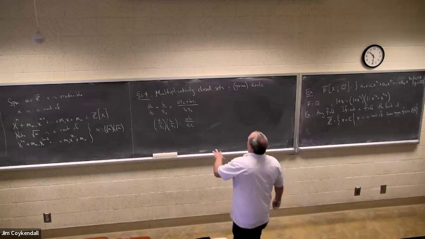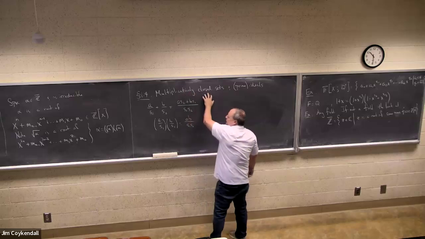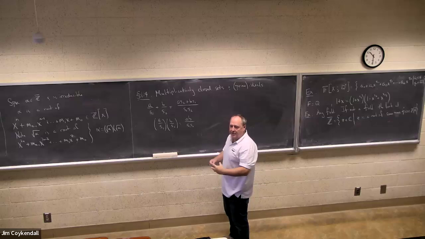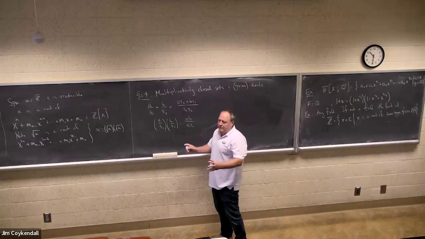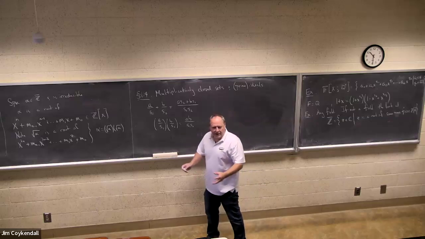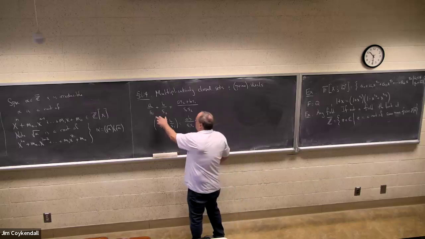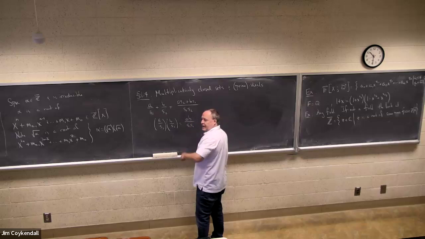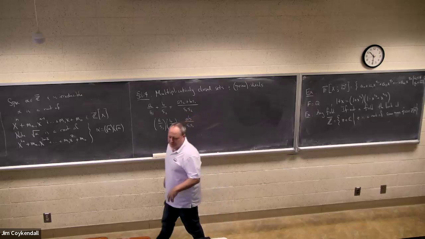This is part of the justification of where this comes from, because multiplicatively closed sets are used in making bigger rings, called localizations, where you have this multiplicatively closed set that determines your denominators.